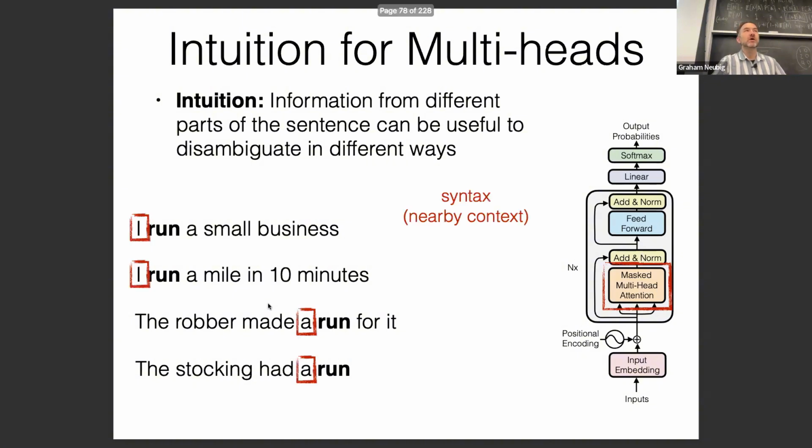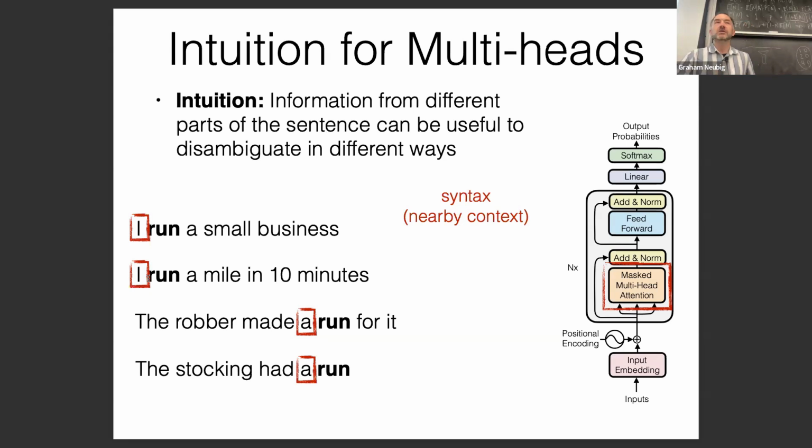But they're different in different ways, right? The first difference is syntax. The first two are verbs, and the second two are nouns. And the way we can tell something is a verb or a noun is we can look at the very neighboring words. If something's preceded by a noun, it's usually a verb. If something's preceded by an article or determiner, it's usually a noun.